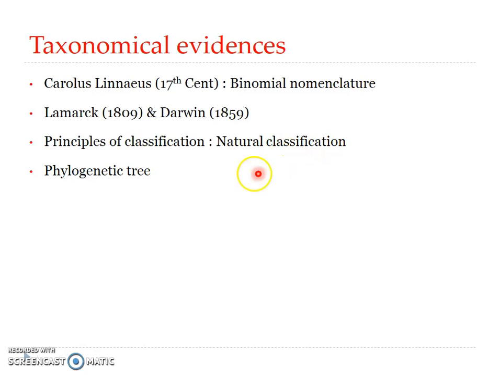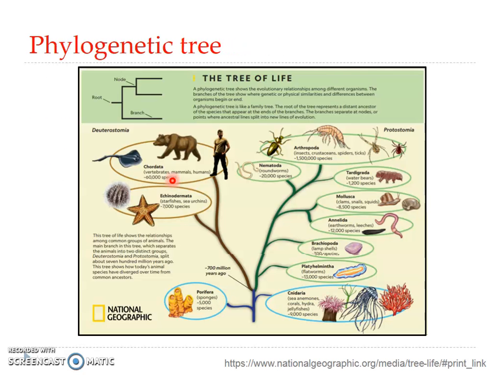Next we have the phylogenetic tree. You can see this is an example of a phylogenetic tree. It has been taken from nationalgeographic.org. And here, the different invertebrate phyla from the lowest acellular protozoa to the other complex groups show a primitive organization as compared with the chordates.